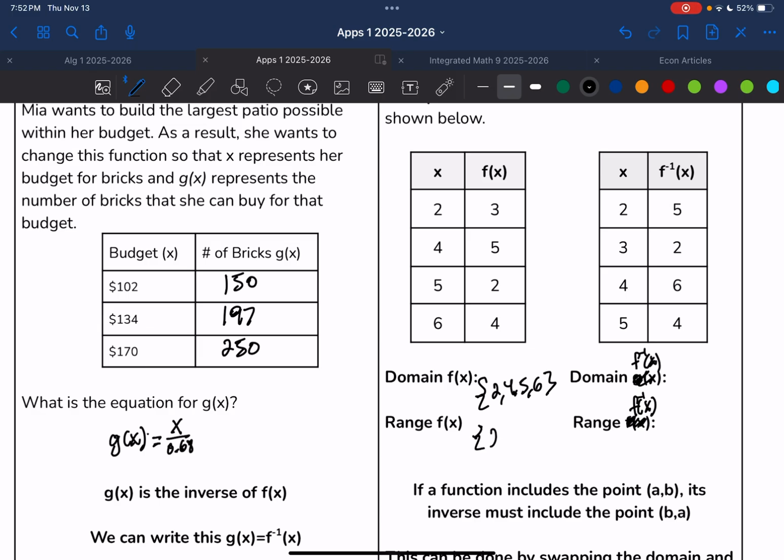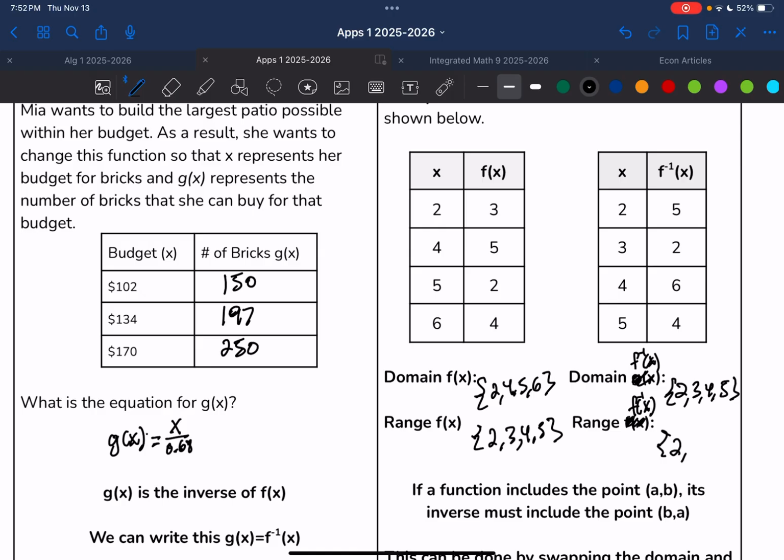The range is going to be 2, 3, 4, 5. And then here, the domain is going to be 2, 3, 4, 5. And then the range here is going to be 2, 4, 5, 6.